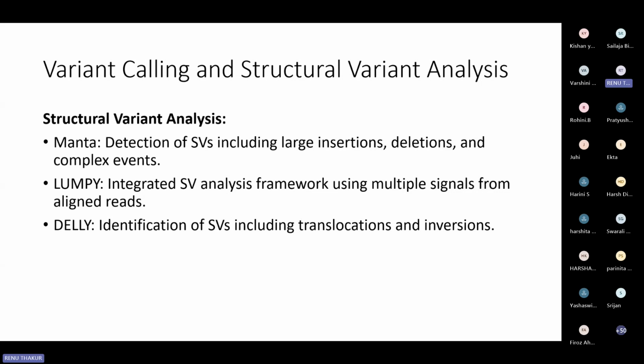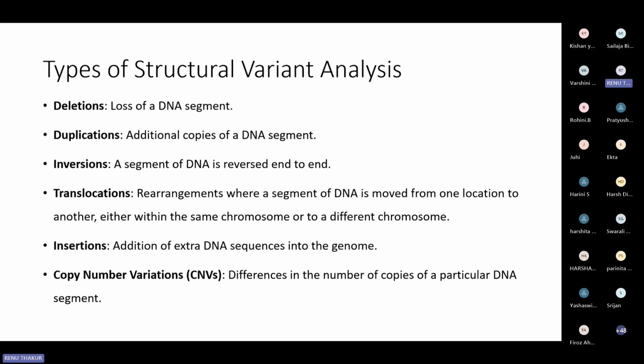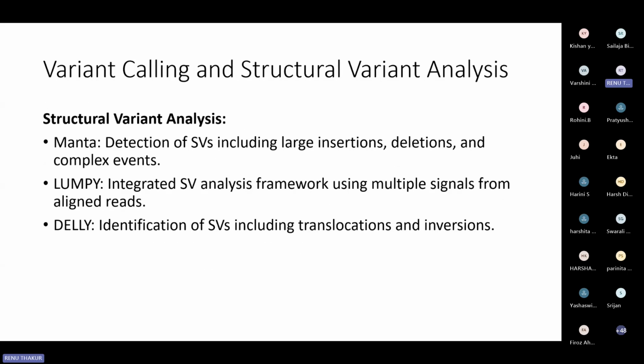So when you have an alignment map, that is SAM alignment data, you can put it into Lumpy and analyze the structural variants. And Delly is the algorithm which we can use for identification of structural variants, including translocation and inversion. So we have different types of structural variants, and we have different tools for them too. It'll be easy for you to remember.